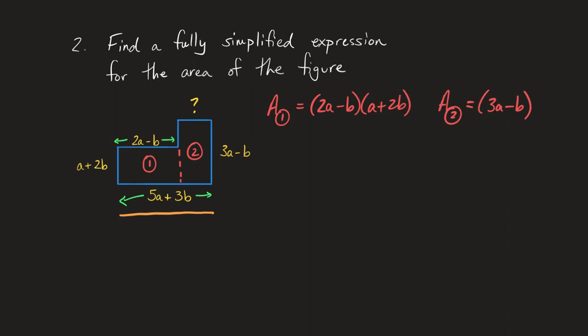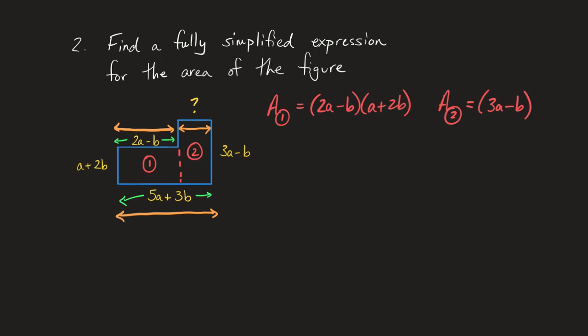Now look on the top of box 1. We know part of the way across is 2a minus b. We don't know what the rest of the way across is. But if you look up at the top, the two orange arrows have to add together to give me my bottom orange arrow.